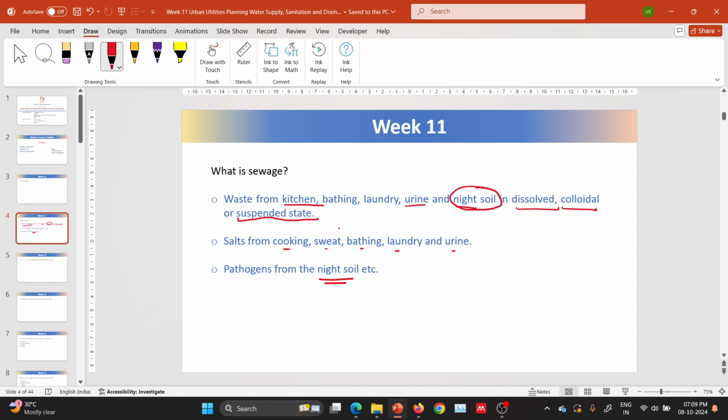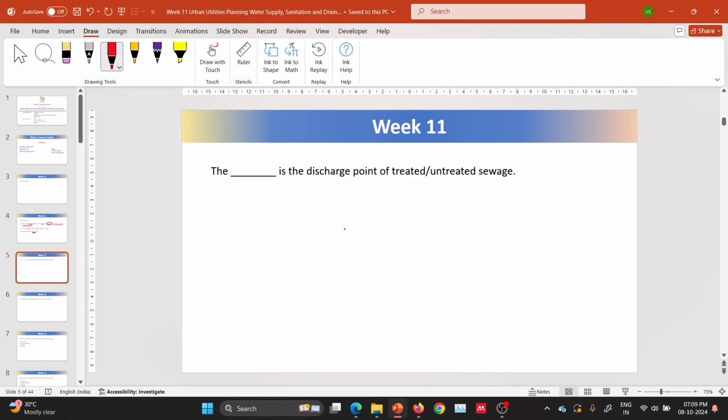We are going to understand how to treat sewage in this lecture. The outfall is the discharge point of treated or untreated sewage. So even after treatment or without treatment, the point is called the outfall point.